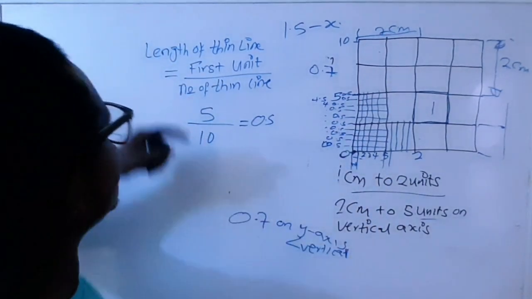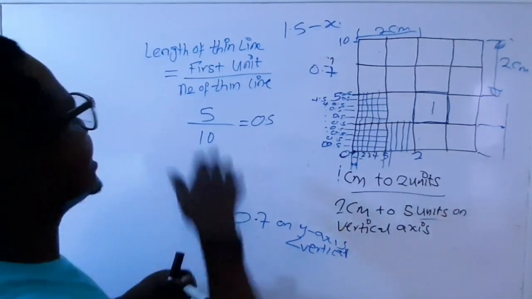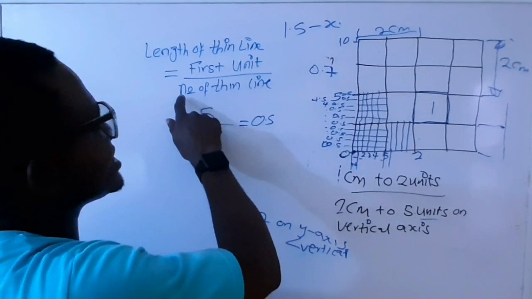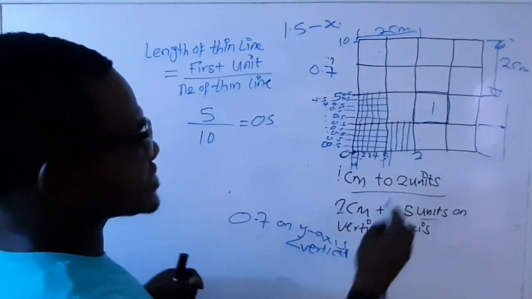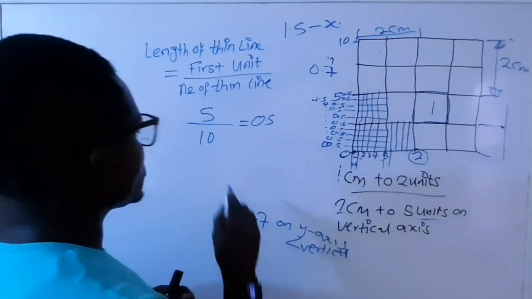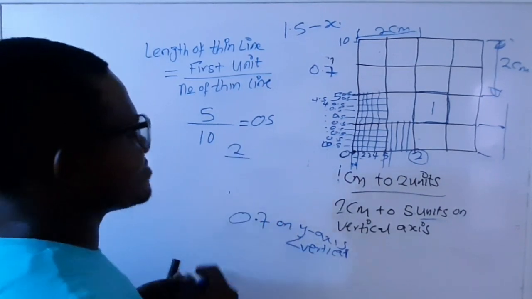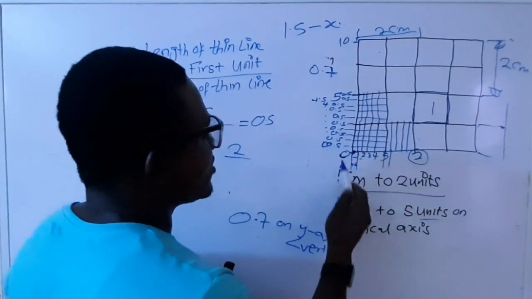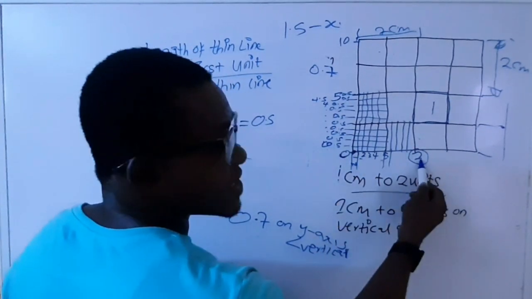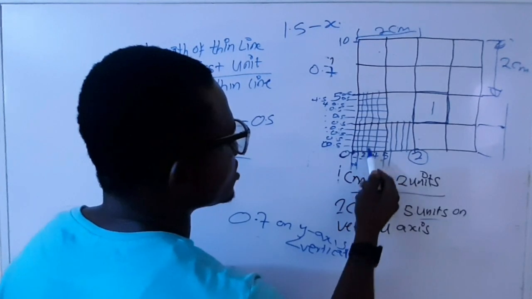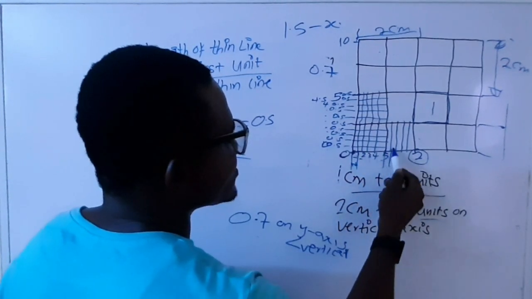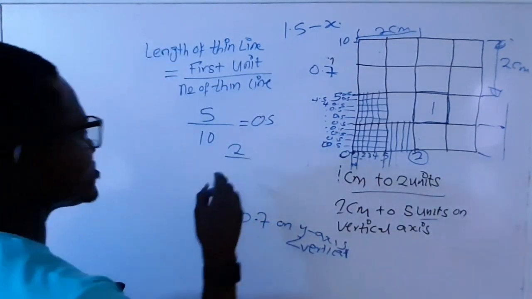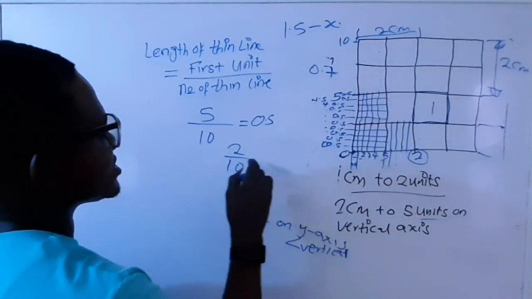Let's follow our formula. The length of thin line is equal to what? First unit divided by number of thin lines. The first unit I'm seeing here is 2. So I write 2 divided by the number of thin lines. I need to count the number of thin lines from this point to the first unit: 1, 2, 3, 4, 5, 6, 7, 8, 9, 10. So it becomes divided by 10. That will give us 0.2.